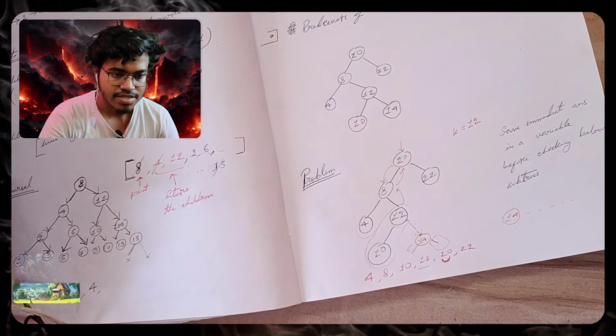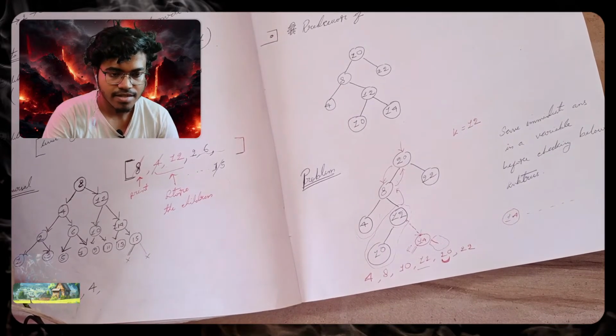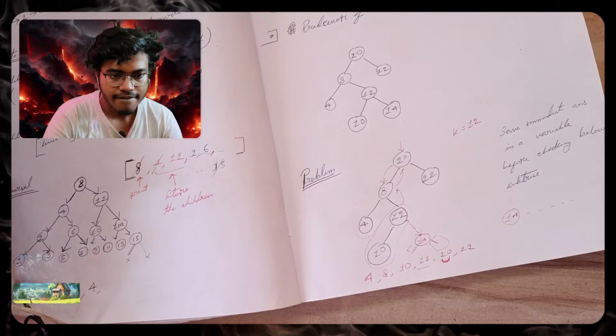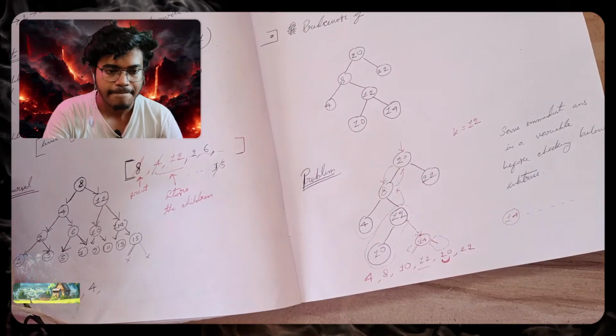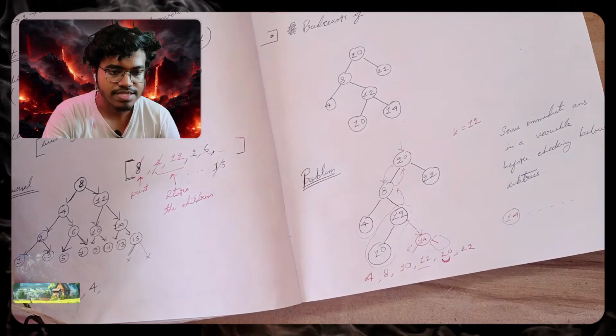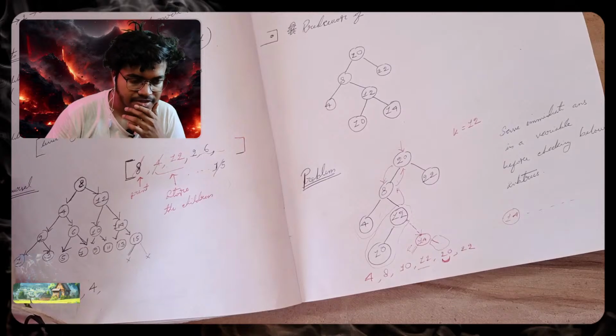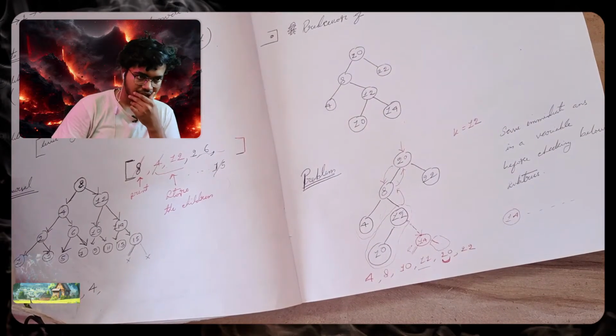Okay, so node will be equal to node dot right. So after this happens, we will return the successor to the calling function to see whether it works or not.